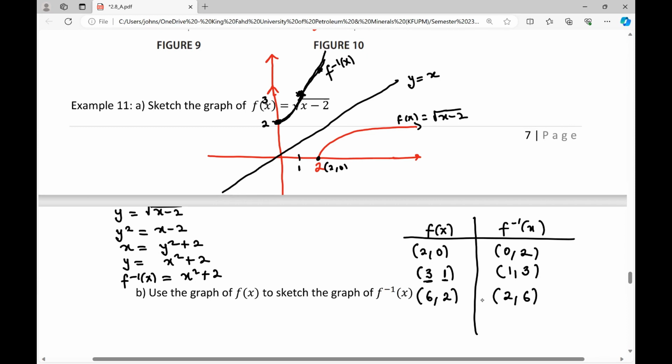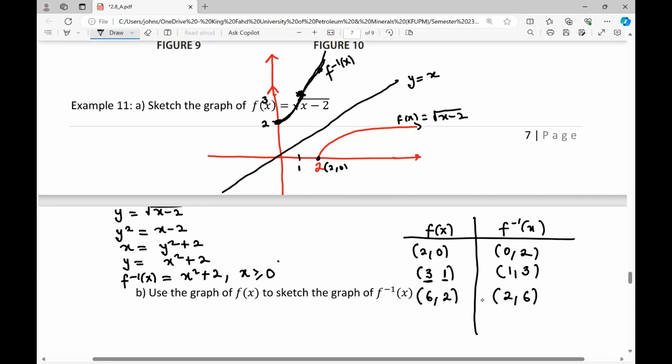You know, x squared plus 2 is just the complete parabola, including this side. But now we need to look at the restriction. What should be the restriction here? The restriction here, which is the domain of f inverse, should come from the range of f of x. And what is the range of f? You see the range of f is from 0 to infinity. So it means that here, x has to be greater than or equal to 0.